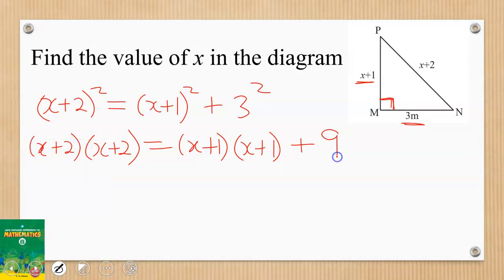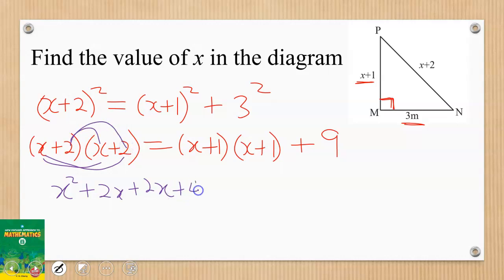So this I can write 9 straight away here. Now, let's do the expansion. This will multiply this to give you x squared, and the same thing will multiply that to give you plus 2x. Then this will multiply this to give you plus 2x, and it will multiply that to give you plus 4.